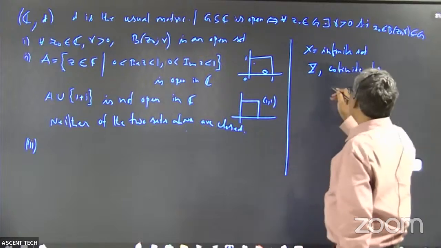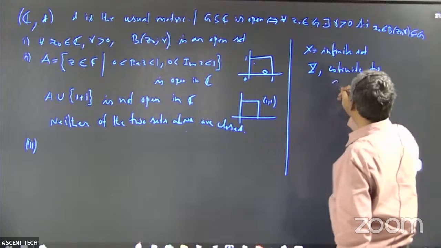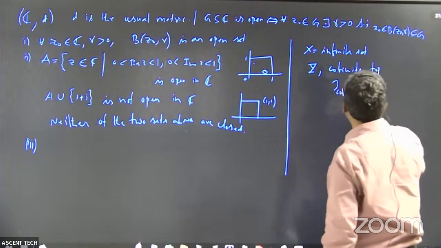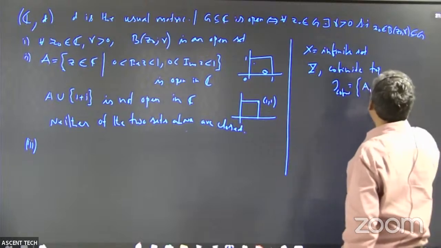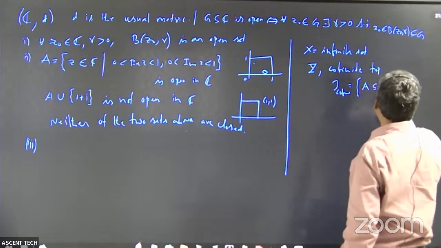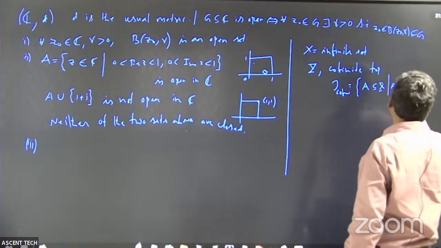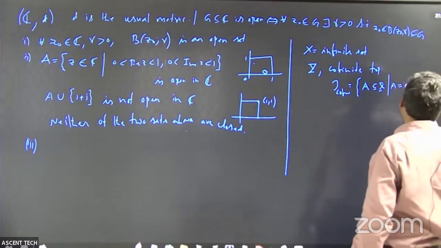What is this topology? This topology T consists of all subsets A of X such that either A is the empty set, or its complement is finite.